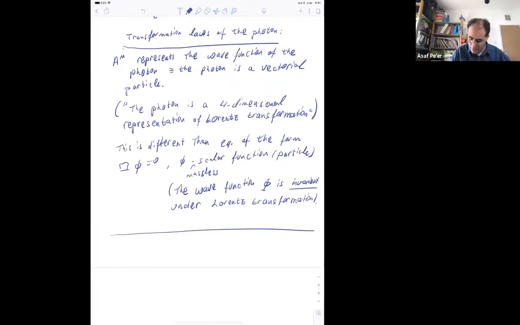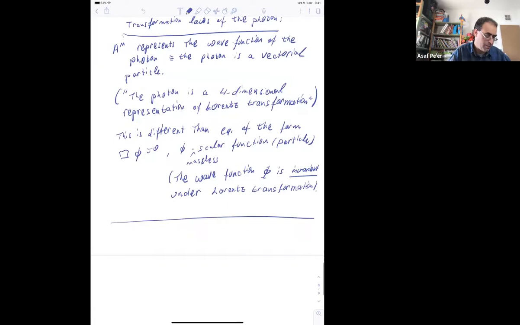Okay, now let's emphasize that. Let me describe the plane wave solutions and the photon polarization.